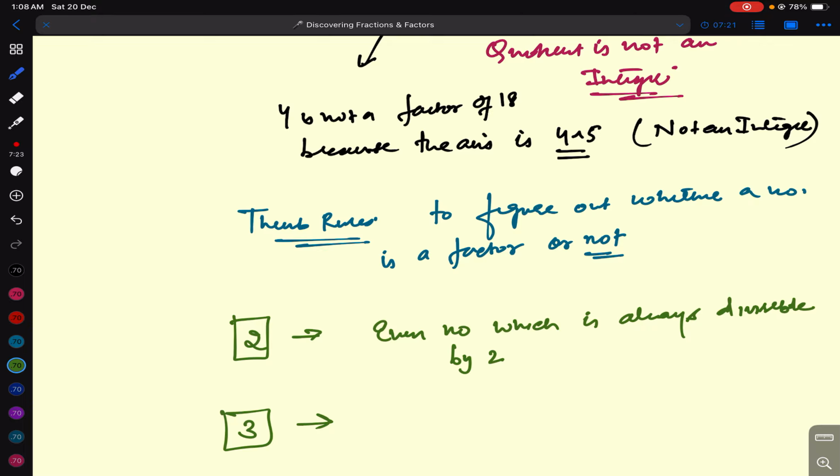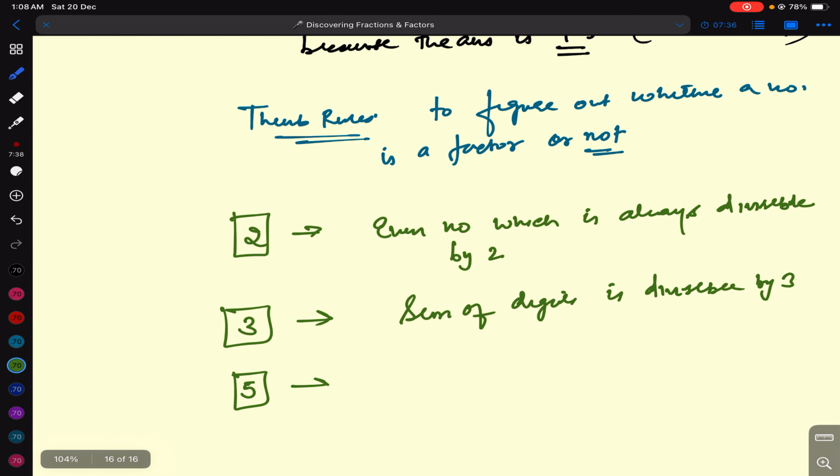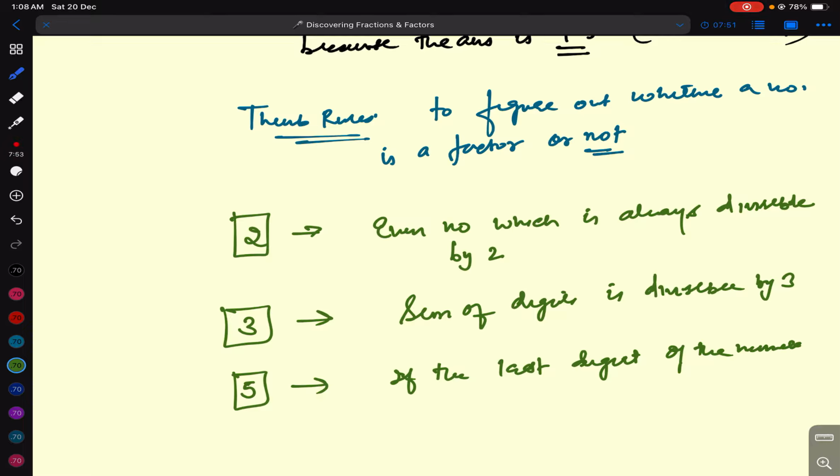when it is the case of 3, the sum of the digits is divisible by 3. Similarly, for 5, if the last digit of the numerator is 5 or 0, then the number is divisible by 5.